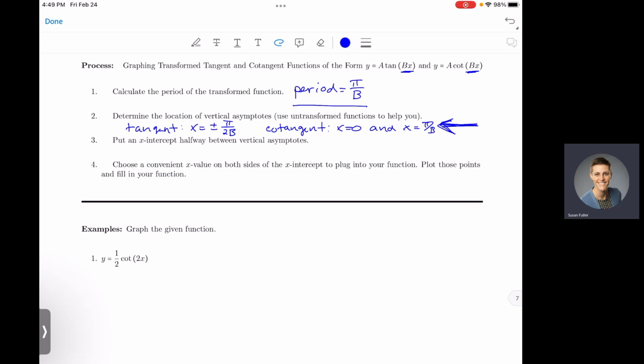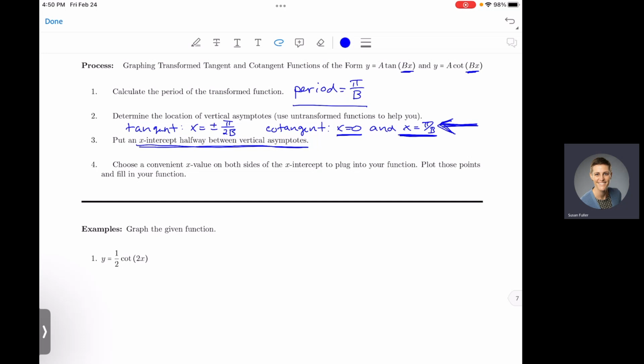And then for cotangent, you always have a vertical asymptote at 0, and the other one will be at x equals whatever your period is. Once you know where your asymptotes are, you put an x-intercept halfway between your vertical asymptotes. You always have an x-intercept halfway between on both tangent and cotangent.